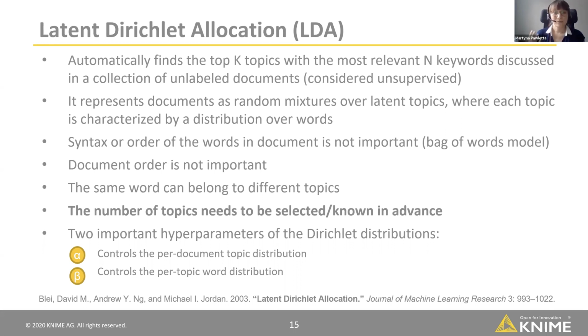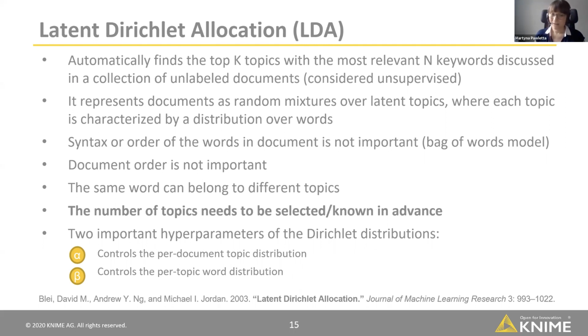Okay, there are 2 different hyperparameters for the distributions I was mentioning before. So first, for the distribution of topics, we have alpha. That controls the per document distribution. And then for the distribution of words per topic, we have beta that controls the per topic word distribution.